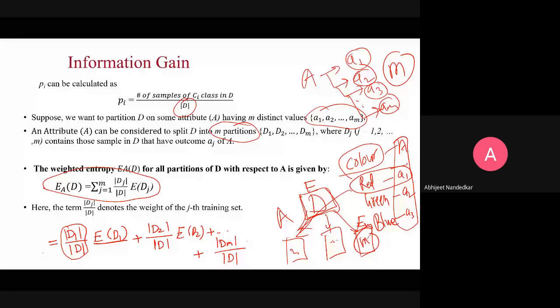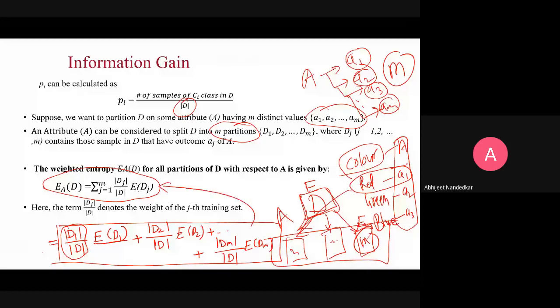If this is done, then you are doing a weighted sum of all the entropies in the table, and this is written in the summation formula.